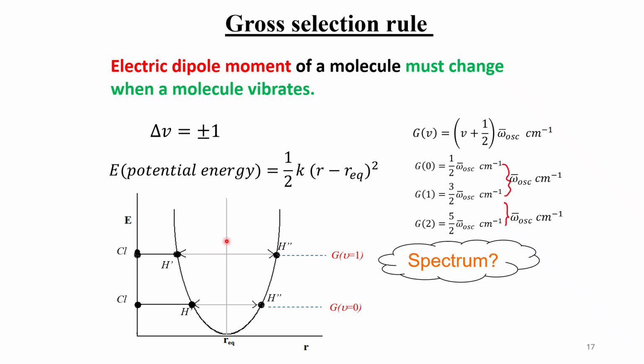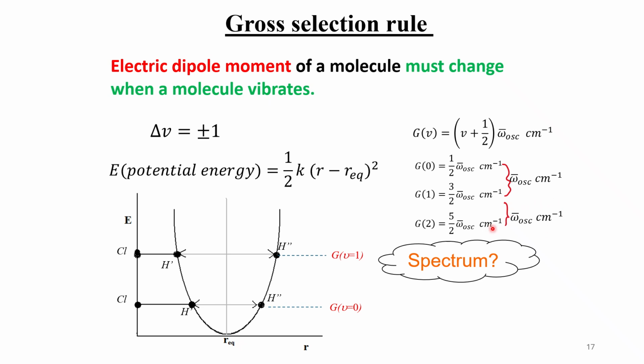Similarly, if the molecule is able to transit from V1 to V2, then the energy difference between the level of V2 and V1 is equal to the vibrational frequency. So for these simple harmonic oscillators, the energy difference between the initial state and the final state remains as the vibrational frequency, right?